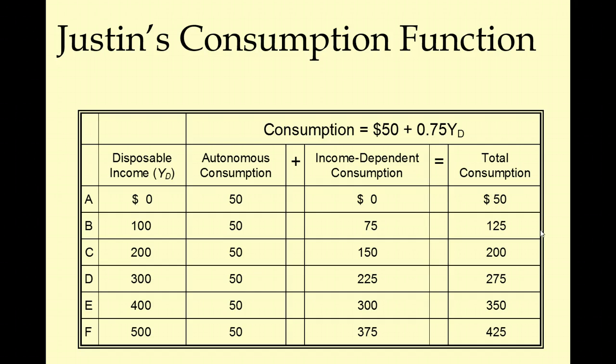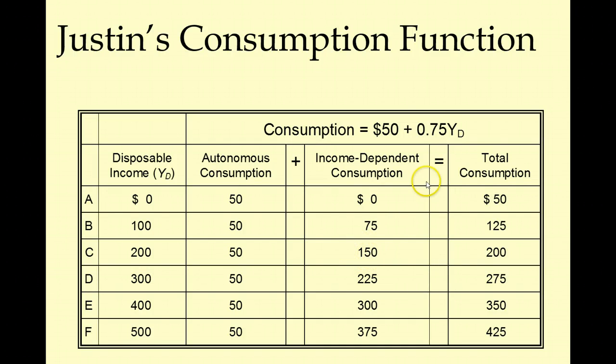So that's basically Justin is spending more than he's receiving in income. Economists call that dissavings, but most people just say that Justin dipped into either his savings or he relied on credit. At an income level of 200, Justin still spends $50 on some goods and services, and then he'll spend $150.